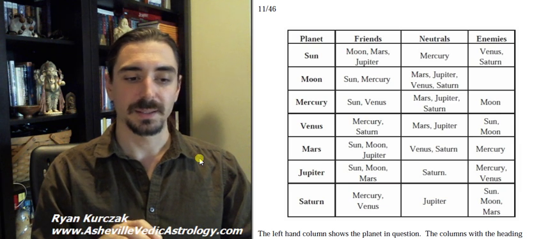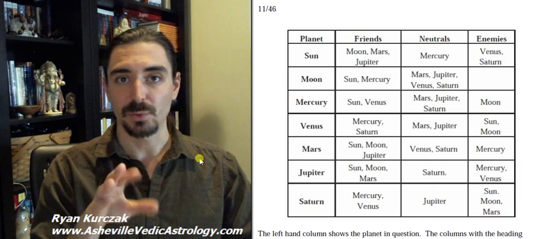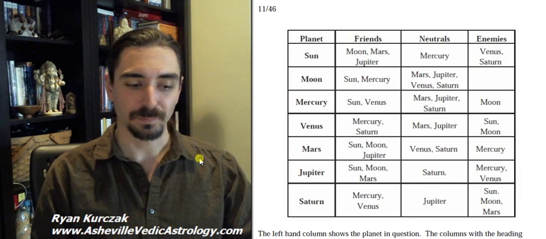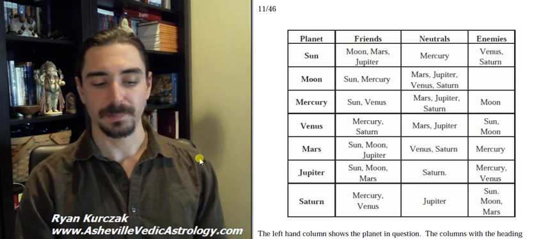Bad dignity, you look at the negative influences. Neutral, well, then you have to sort of pick out, mix it up, see which way it might go based on other factors. But the dignity is the first thing we need to consider.